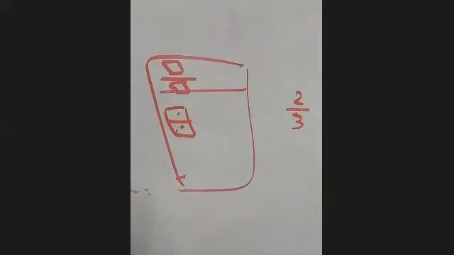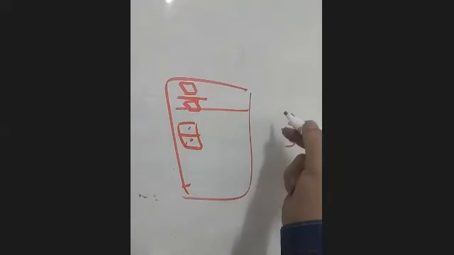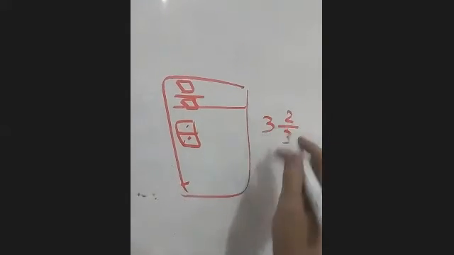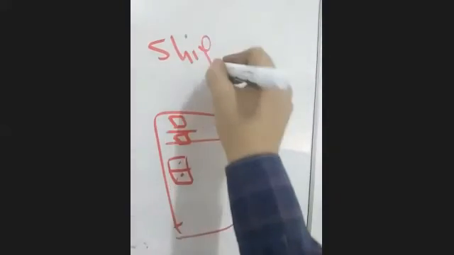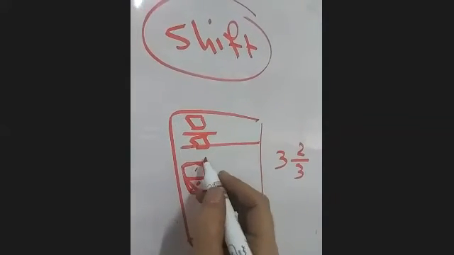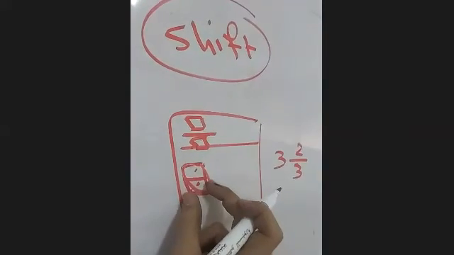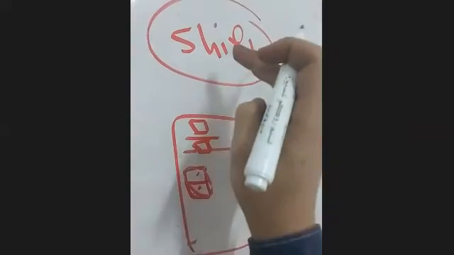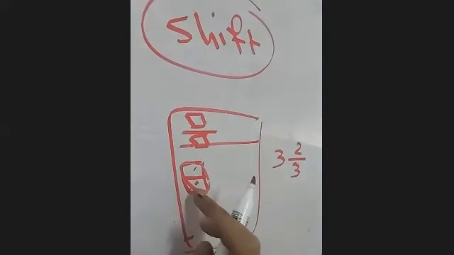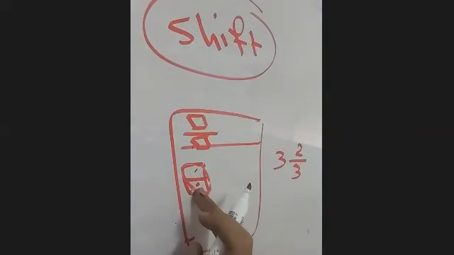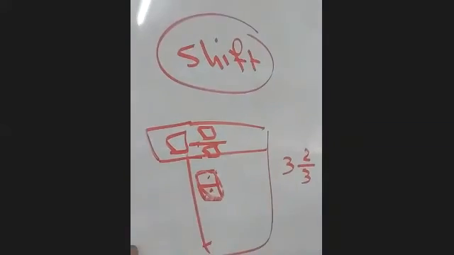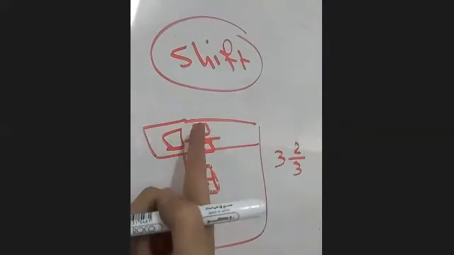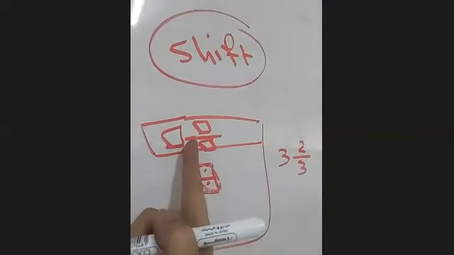If you want a mixed number like 3 and 2 over 3, you press shift with the fraction icon, and you get something like this. You put the 3 here, the 2 here, the 3 here, and you have a mixed number.